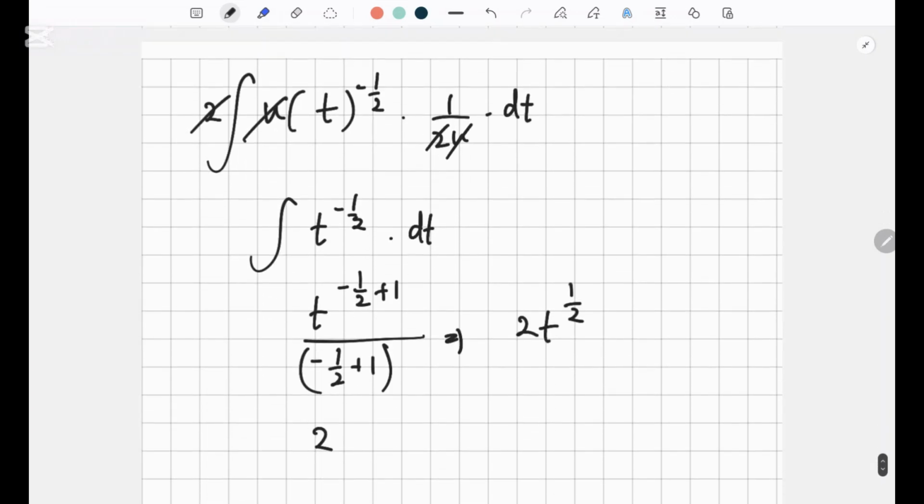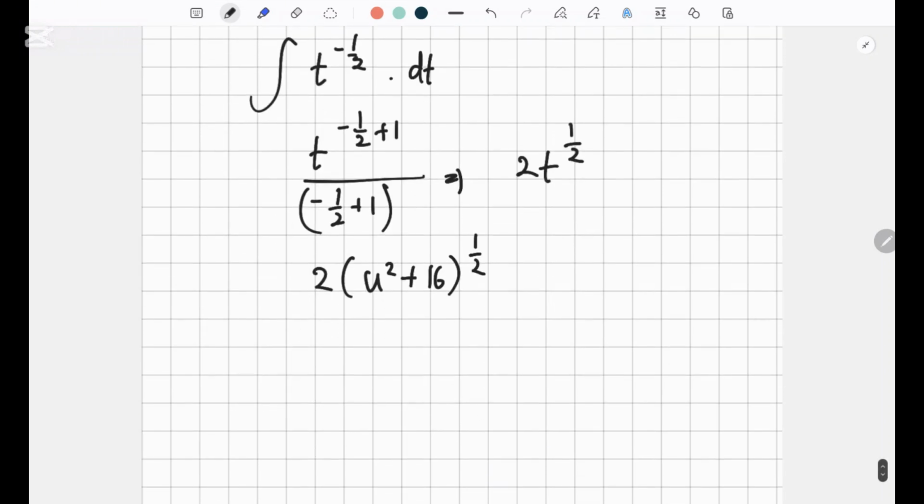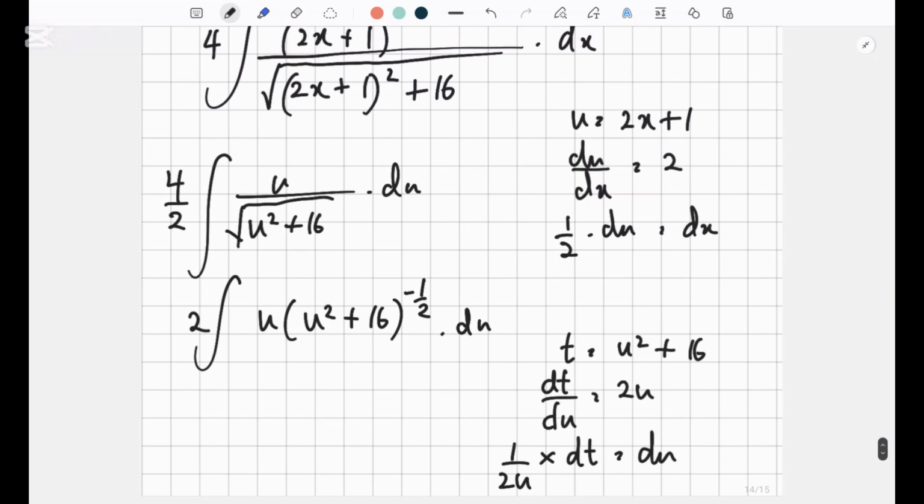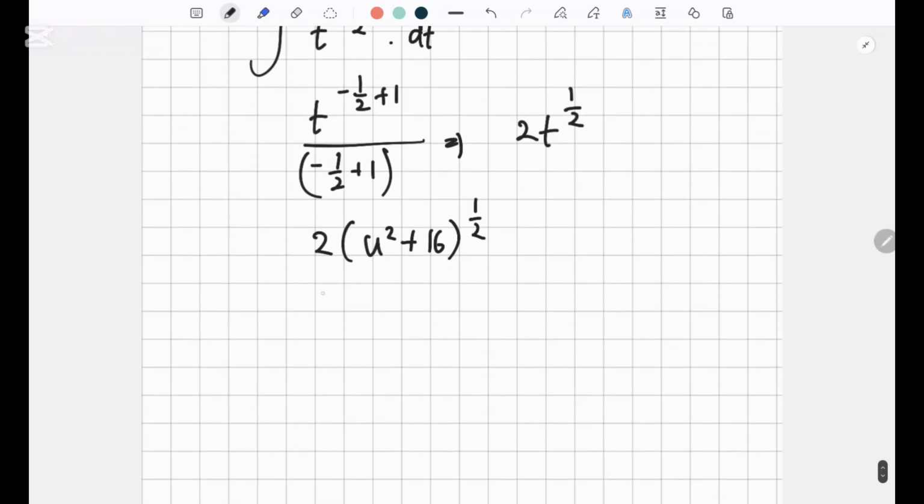So t was u squared plus 16. And instead of u, we put in 2x plus 1. So it's 2 into (2x plus 1) squared plus 16, to the power half. That is your second integration.